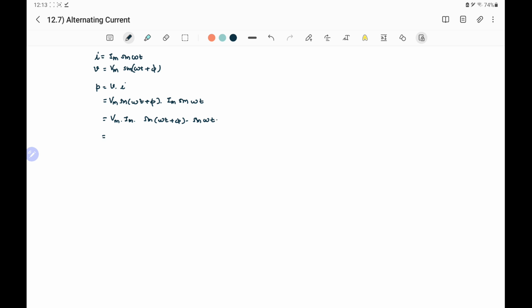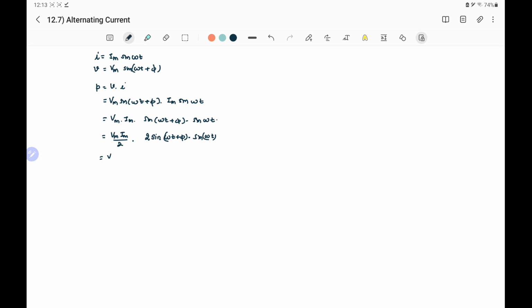Now using trigonometry, we will write it as Vm Im by 2, and we also multiply in the numerator by 2, that is 2 sin of omega t plus phi into sin omega t.